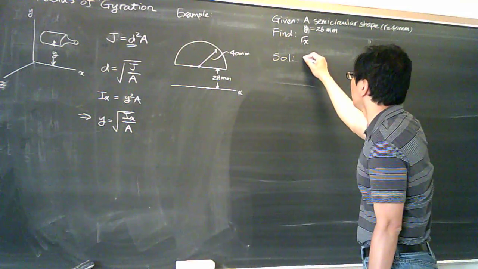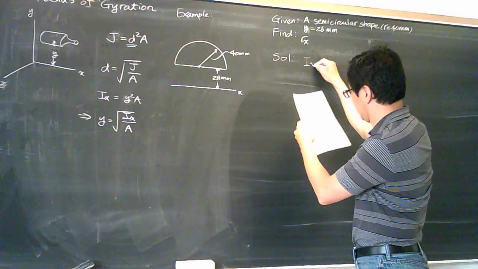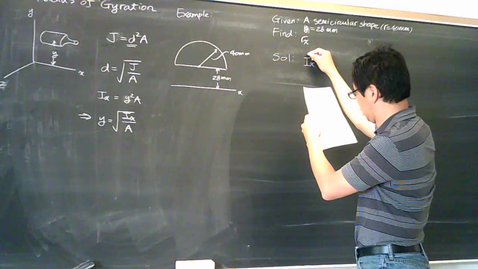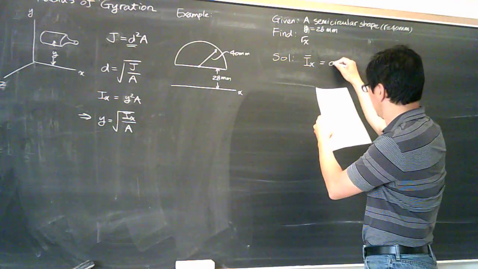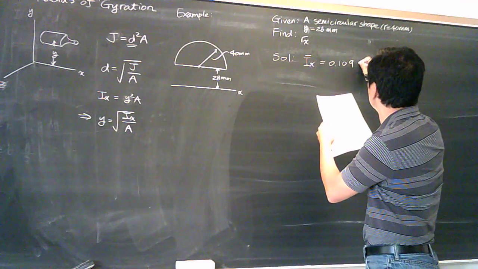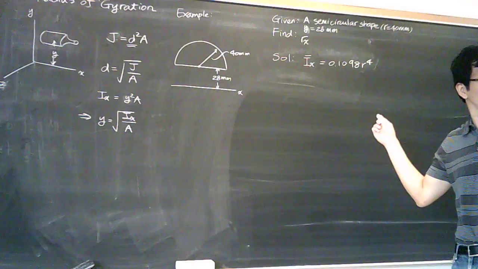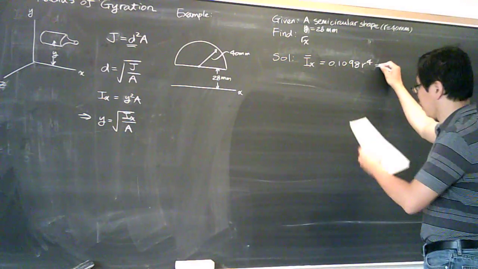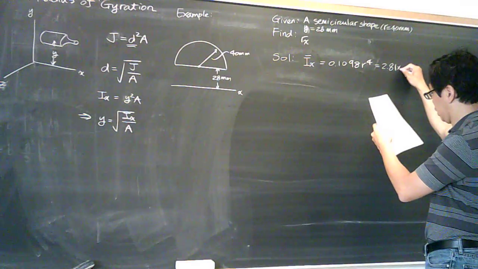If you do that, you're going to find Ix is the formula. So if you do the calculation, it's going to be 2.81.